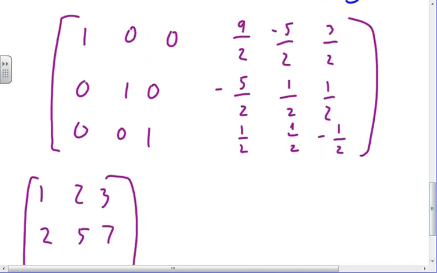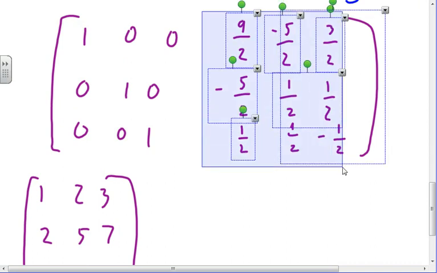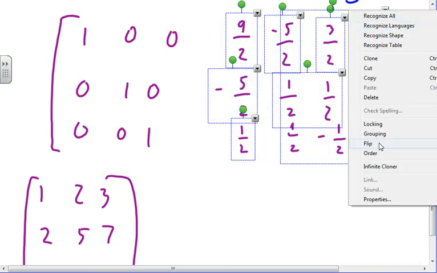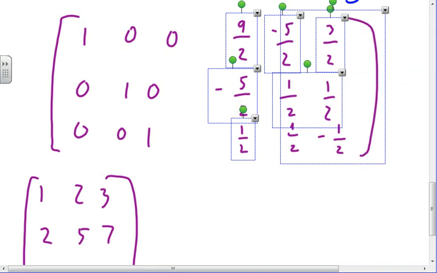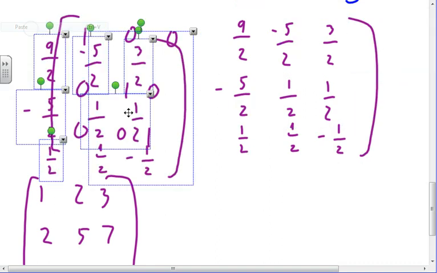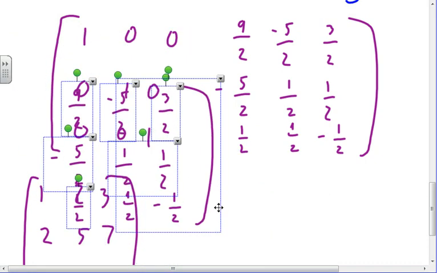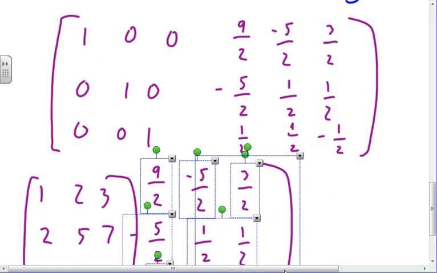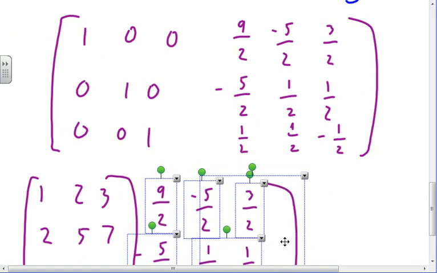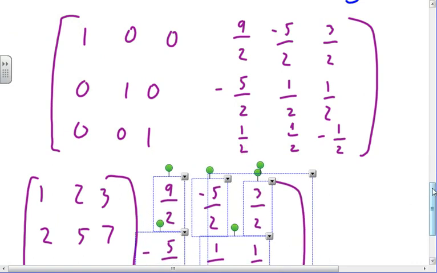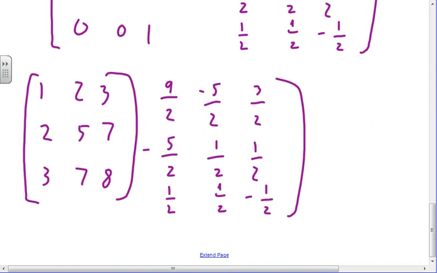I'm going to multiply by the inverse matrix, which I think is this guy over here. And when I get done, I better have the identity matrix, otherwise I'm going to be very disappointed.